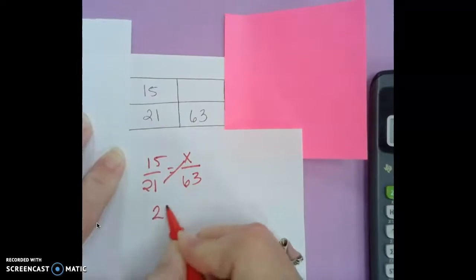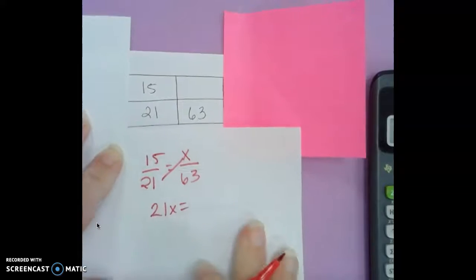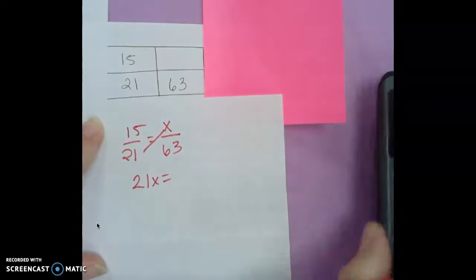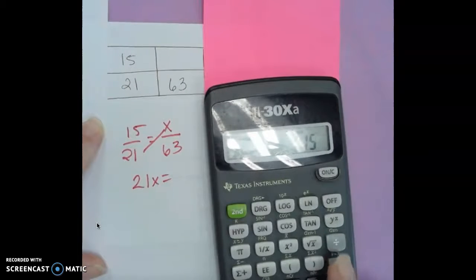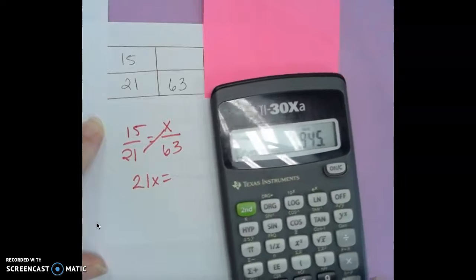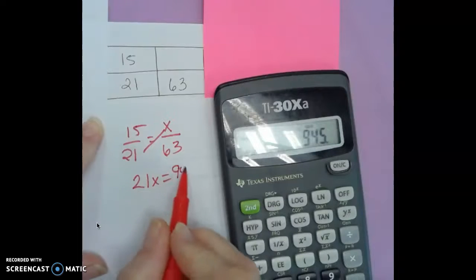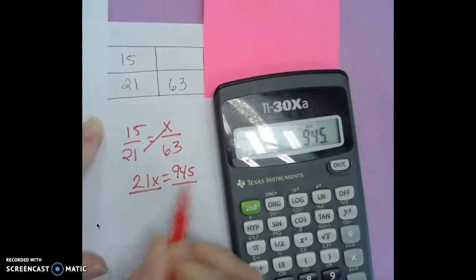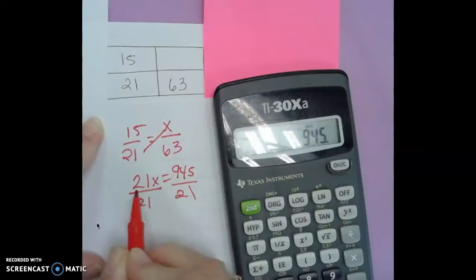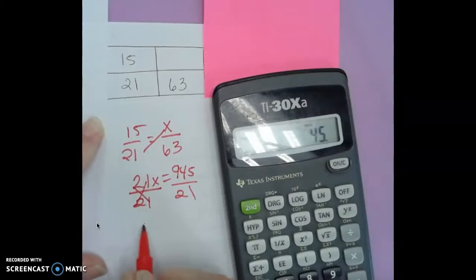So we get 21x equals, and if I do 15 times 63, 945. And then I'm going to divide by 21. And I get 45.